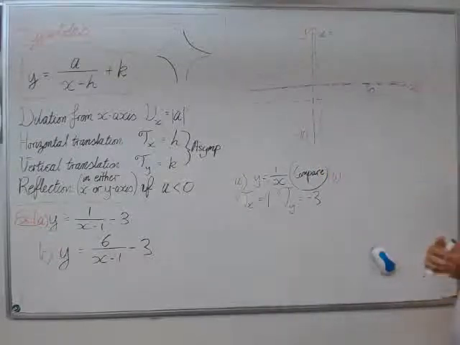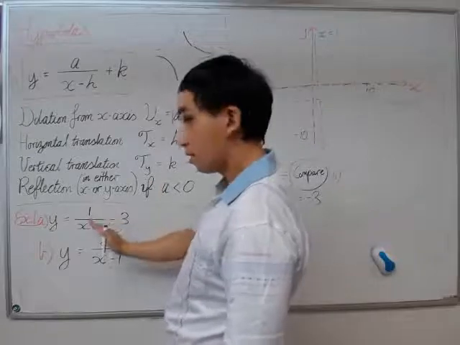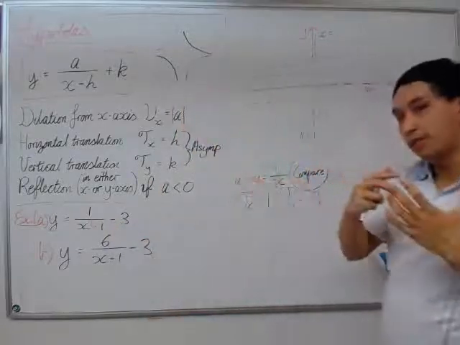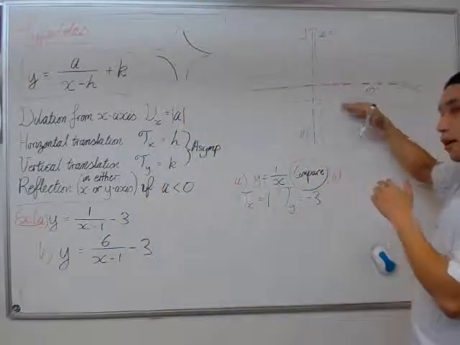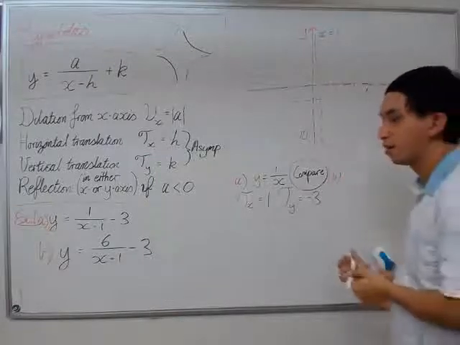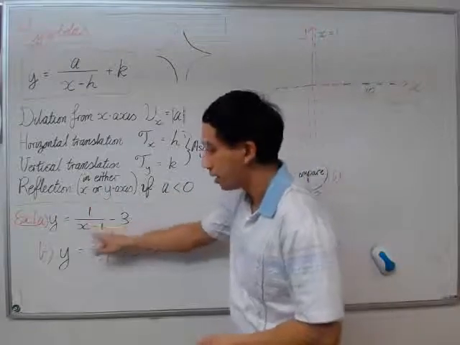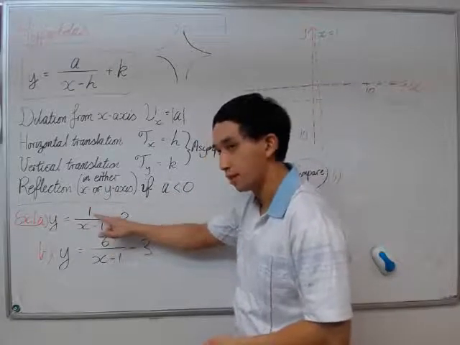Okay, so that's one way to find the asymptotes. Alternatively, the asymptote is really telling us what values of x or y make the other one undefined. So in what way can you make y undefined here? Well, it's undefined when this denominator is 0.